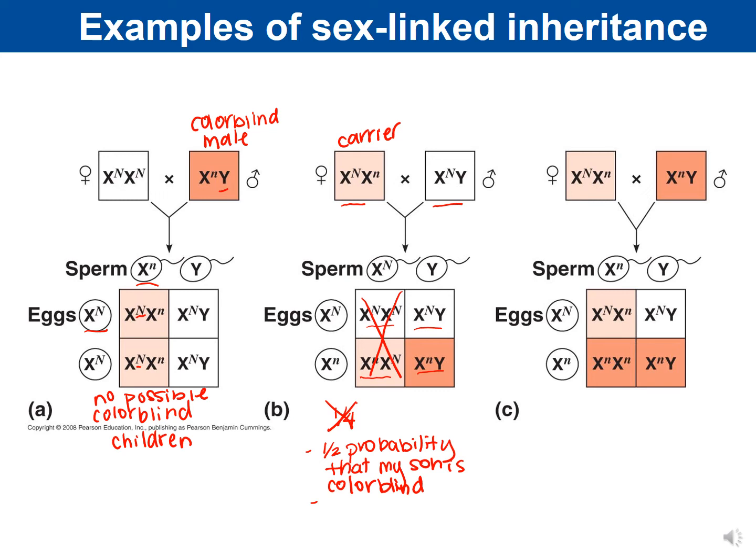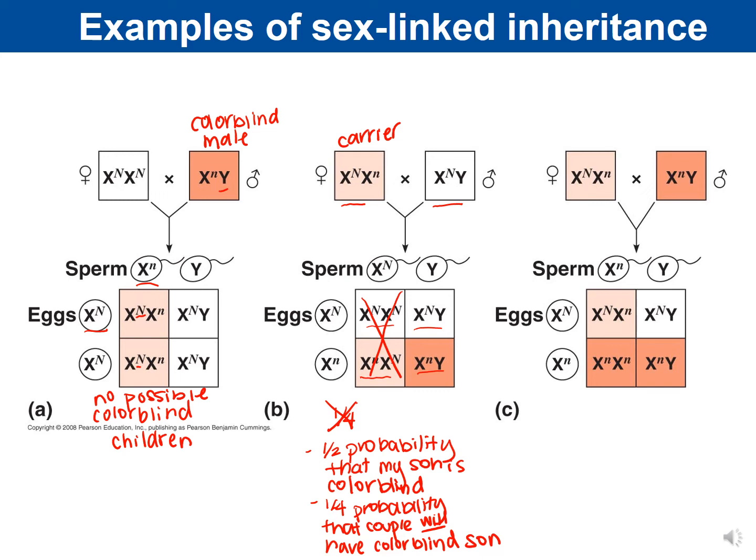And so now the probability would be 1/4, because he's not already born, and so there's an equal probability that it could be female as well.